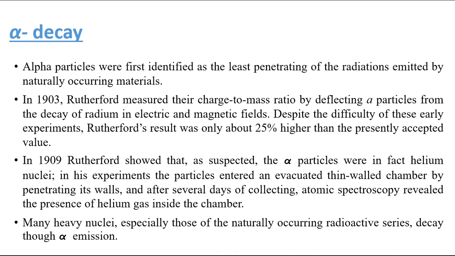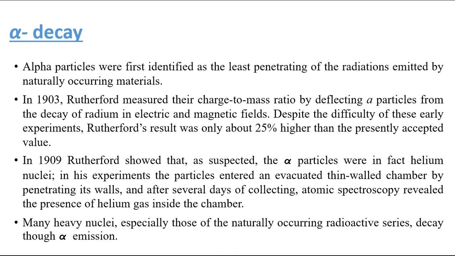In 1909, he showed that, as suspected, the alpha particles were in fact helium nuclei. In his experiments, the particles entered an evacuated thin-walled chamber by penetrating its wall, and after several days of collecting, atomic spectroscopy revealed the presence of helium gas inside this chamber.